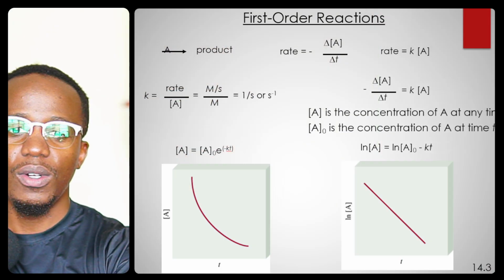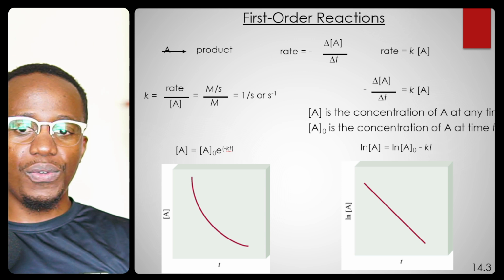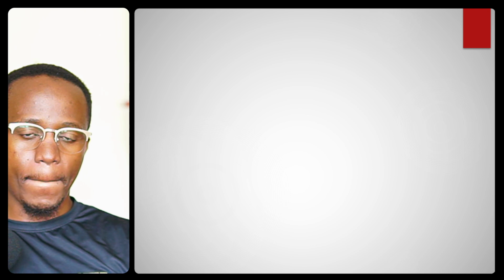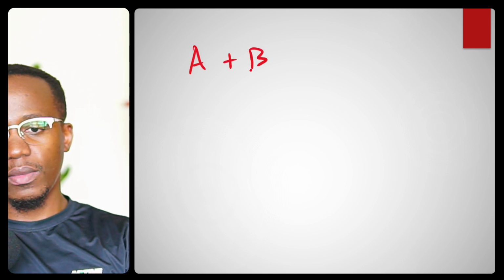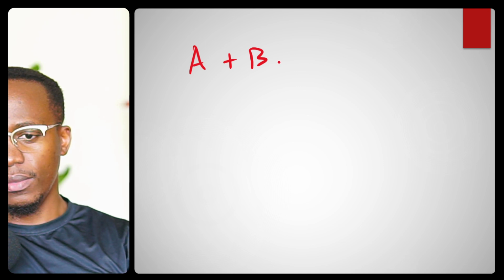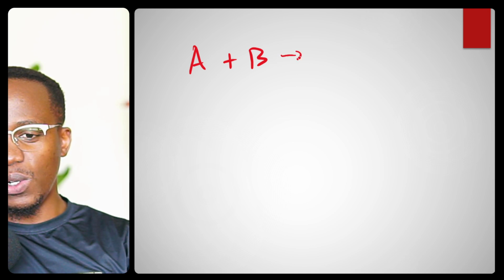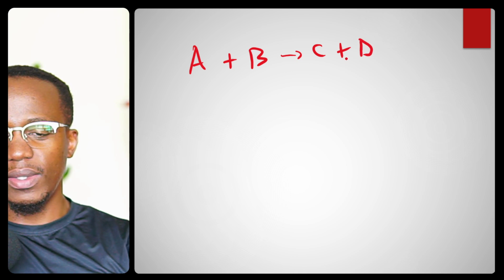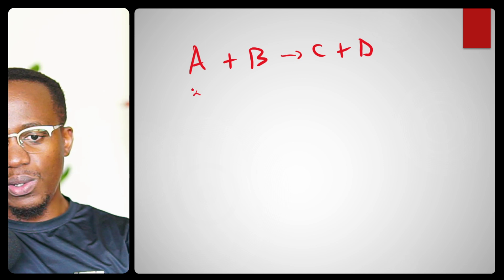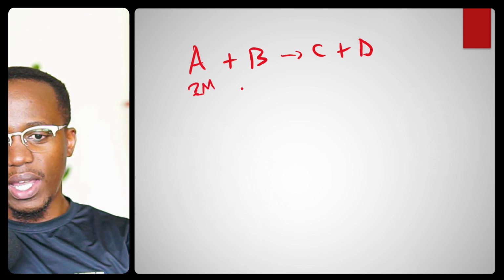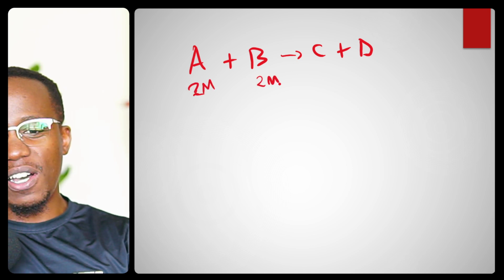Sometimes you might have A plus B, right? And this will help you very well. So if you have A plus B, all right, it's equal to C plus D. And then let's say we start with 2 molar of A and 2 molar of B, right?